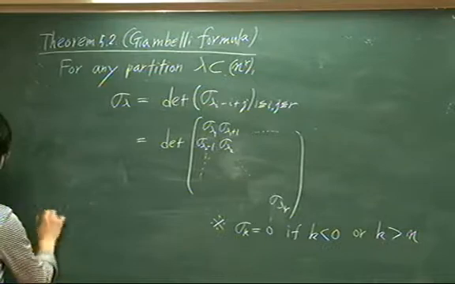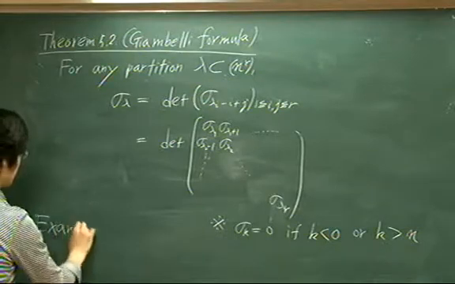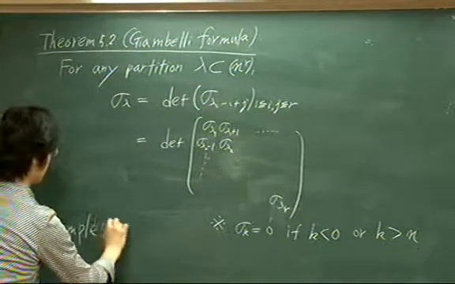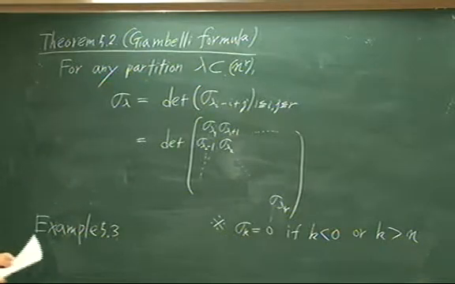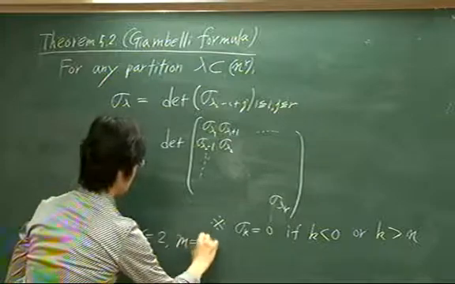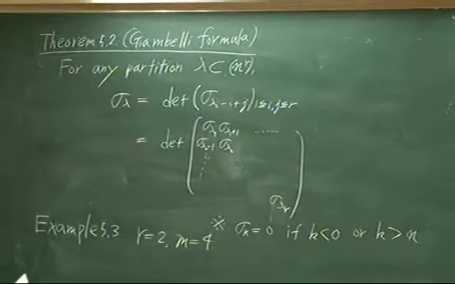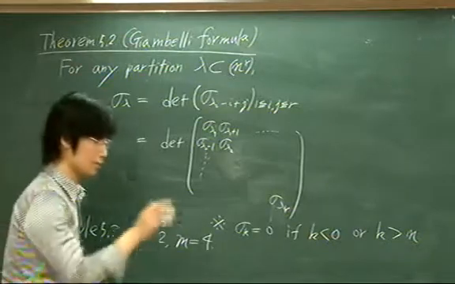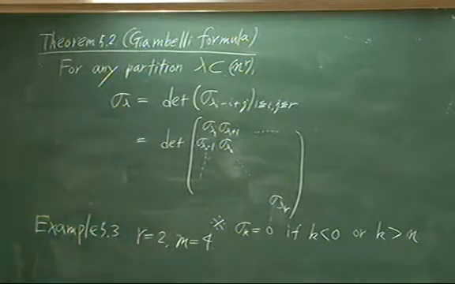So, an example. When r equals 2 and m equals 4, so we consider Grassmannian 2, 4.